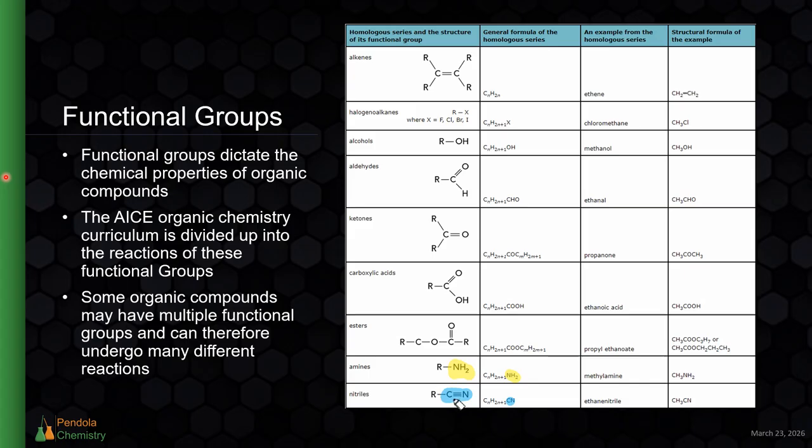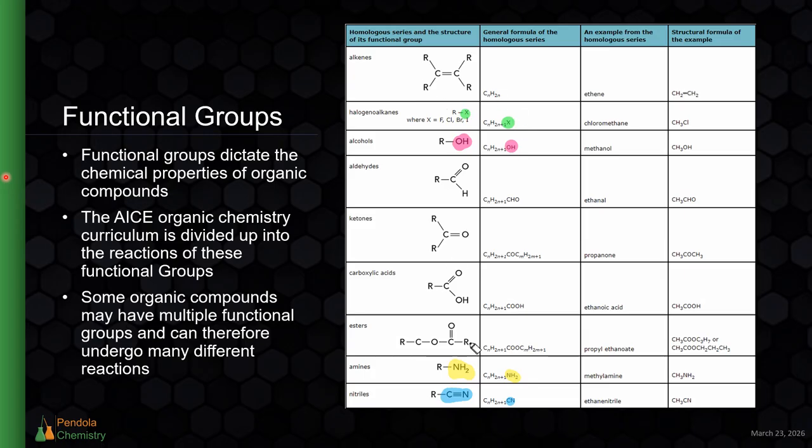So it's a nitrile. C triple bond N is nitrile. Amines have NH2 attached to them. Alcohols have an OH attached to them. And then halogenoalkanes have that halogen, that X, attached to them.